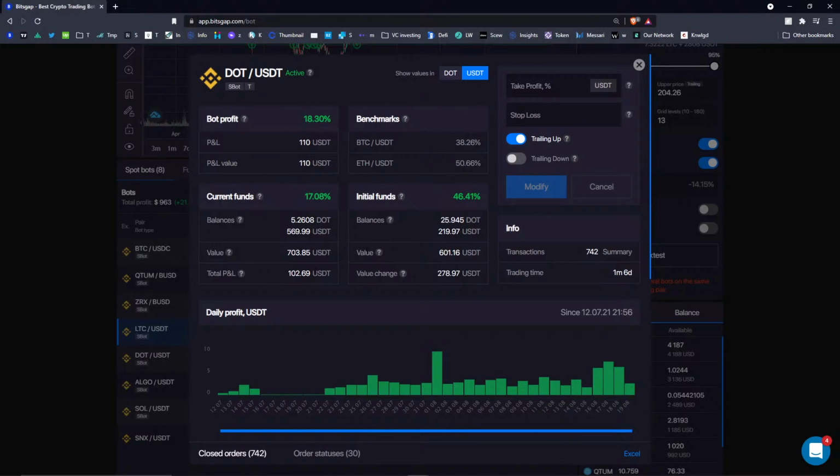For example, my DOT to USDT, well, it brought me only $102. If I would just hodl that amount of DOT at the time when I launched the bot, I would make more money. But don't forget that this 279 is pretty much your pending profit.